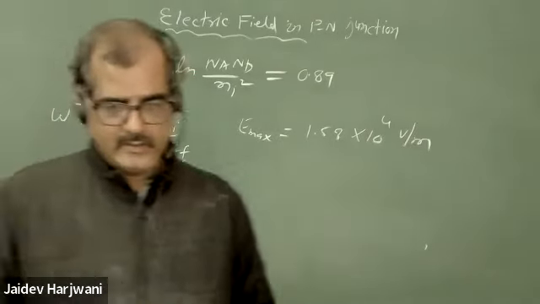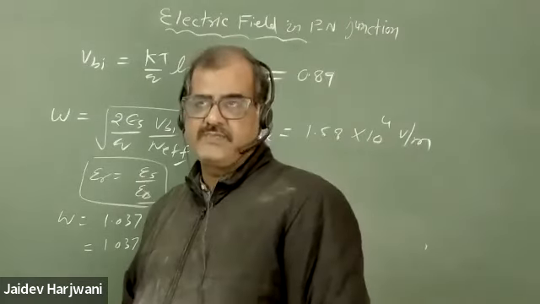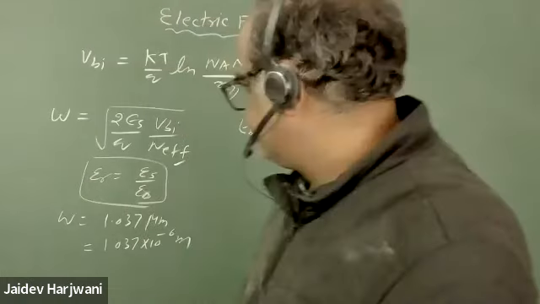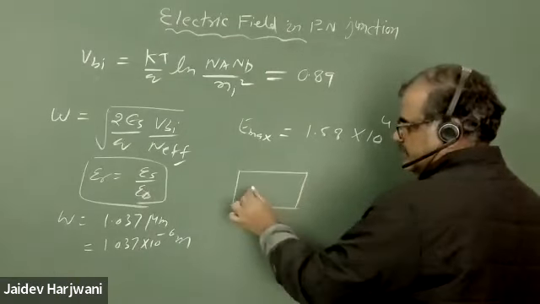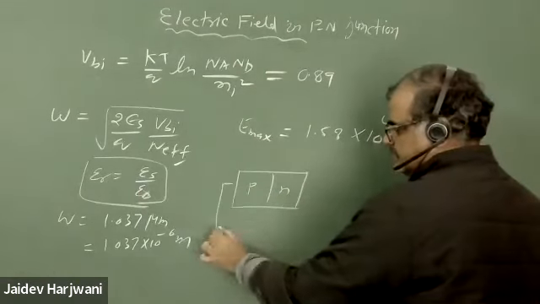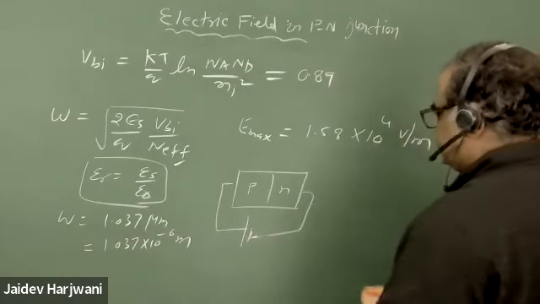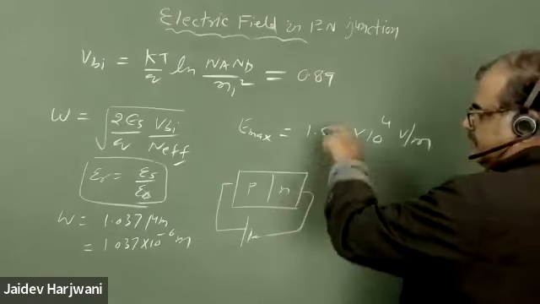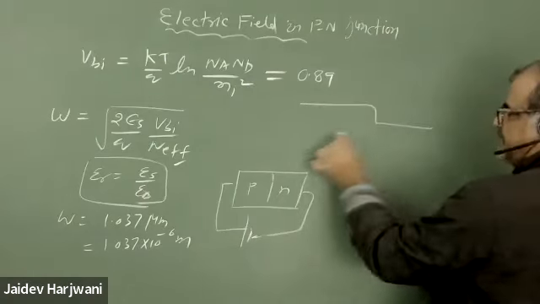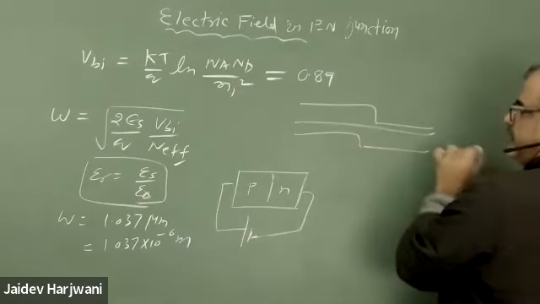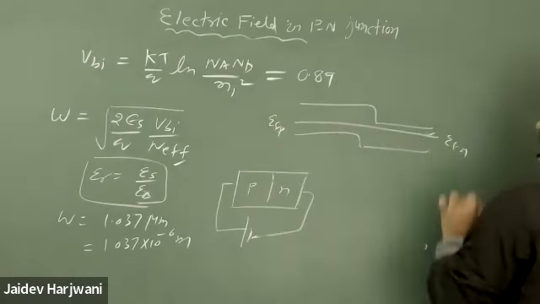In which bias do electron energy and holes energy increase? In forward bias of the PN junction, your electron energy goes up. Initially your band diagram is like this: at equilibrium, EFP equals EFN, with no bias.